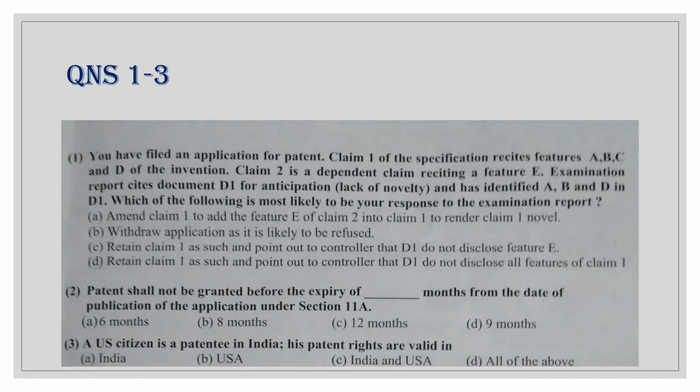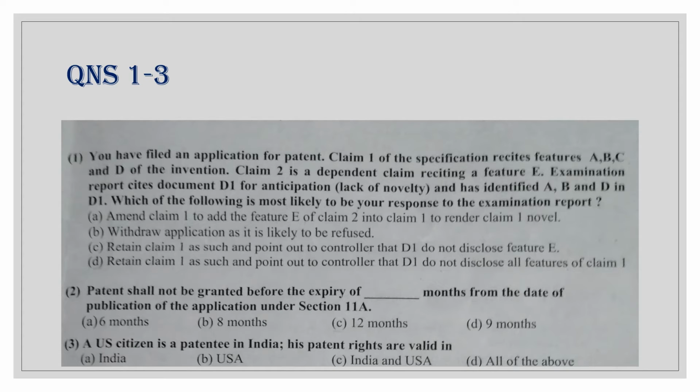That means, friends, I will try to analyze the question actually. Just take a look. You have filed an application for a patent. Claim 1 of the specification recites features A, B, C and D of the invention. Now take a note and a pen and just write down claim 1 and at the side of claim 1 write A, B, C, D. Now, claim 2 is a dependent claim reciting a feature E. As we all know, normally claim number 1 is the independent claim.